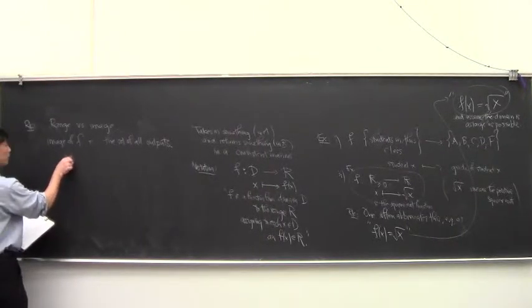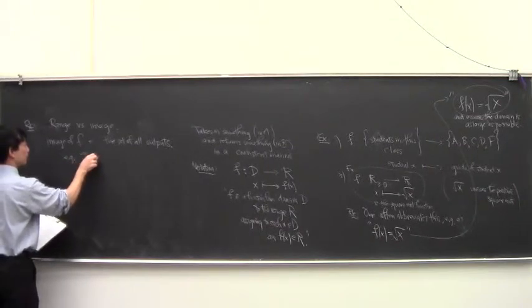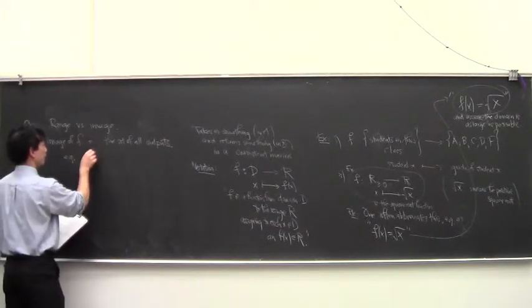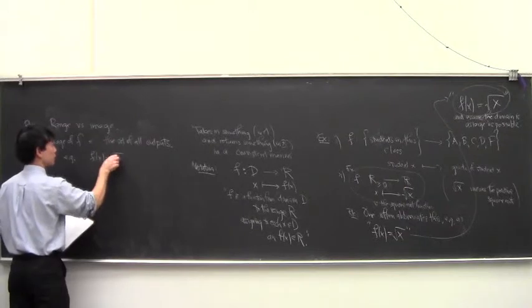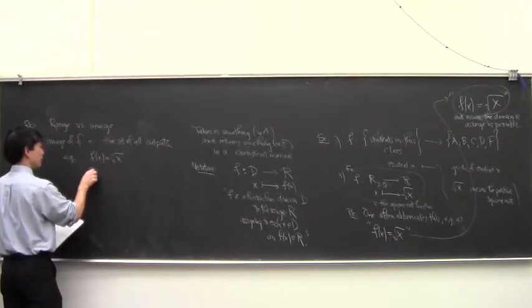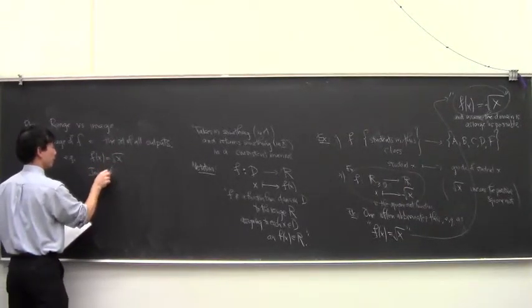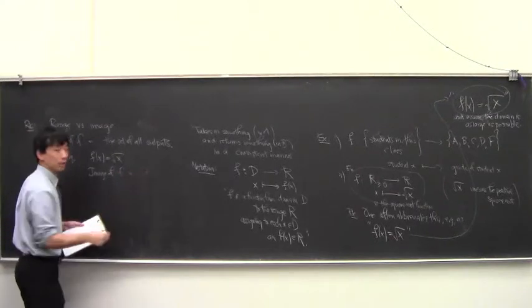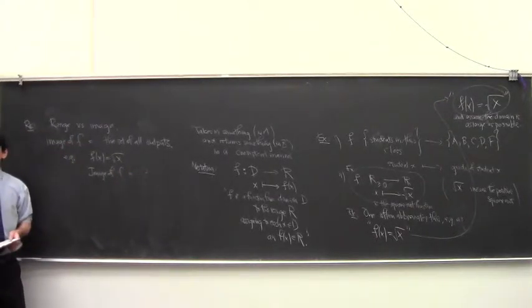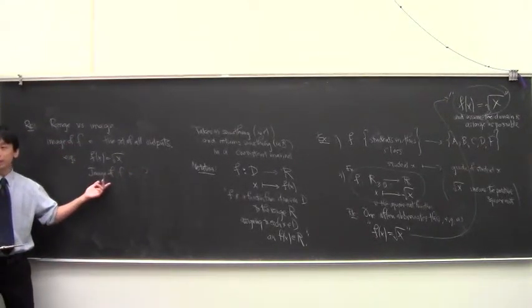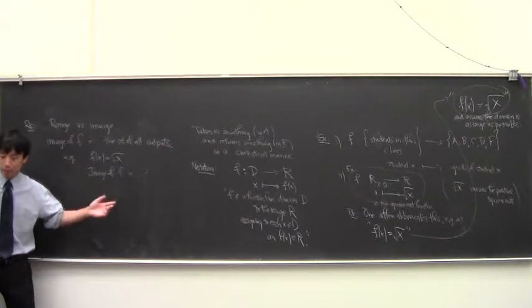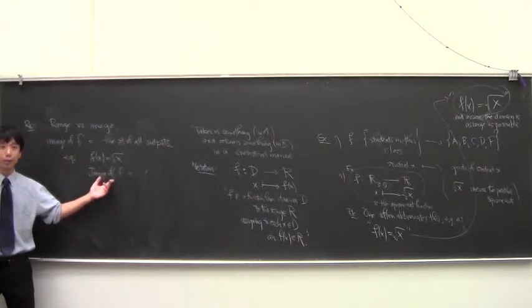For example, if we have f of x being the square root function, then the image of f is what? What comes out, what is the collection of all outputs of the square root function? What set is that?